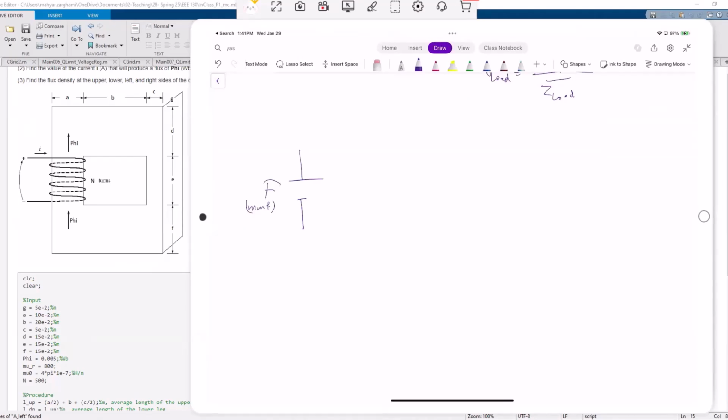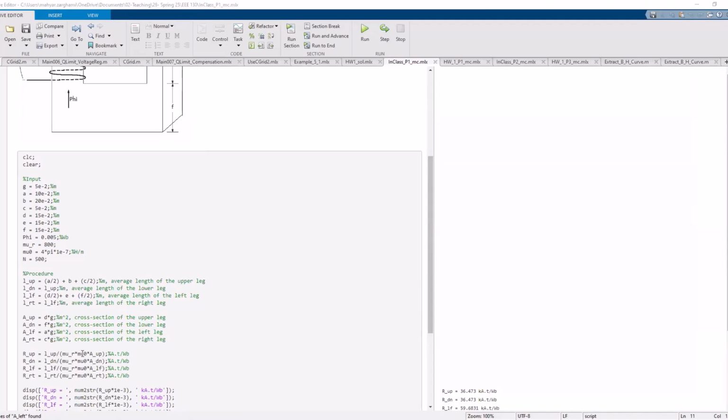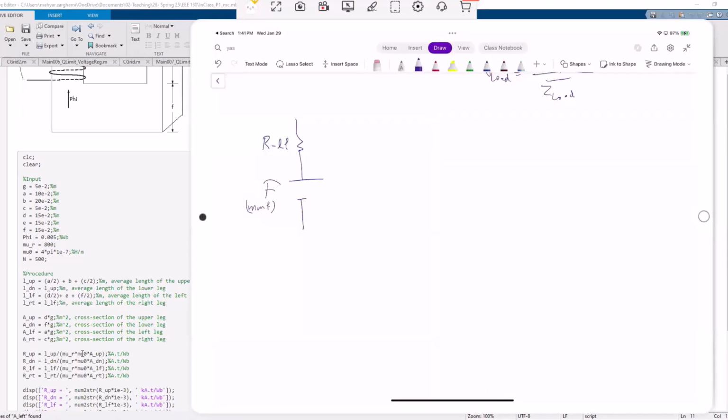And then we basically have a certain reluctance in each of these paths. So this path could have its own reluctance, which I called the reluctance of the left-hand side, R_LF.